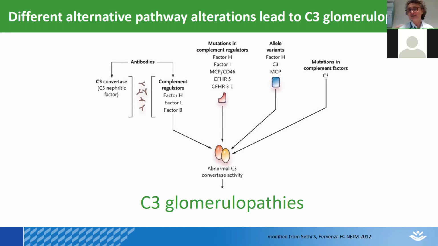And this hyperactivation of these proteins causes them to be deposited where the blood is more filtered. So the main place is within the glomerular basement membrane. And the reason for which some individuals are not as good as others at turning off the complement pathway is either genetic, with different mutations in complement factors or in complement regulators, or because they have circulating antibodies that block the complement regulators, not allowing this part of the immune system to shut off once it has been activated by an infection or a trauma or a stress of some sort to protect us.